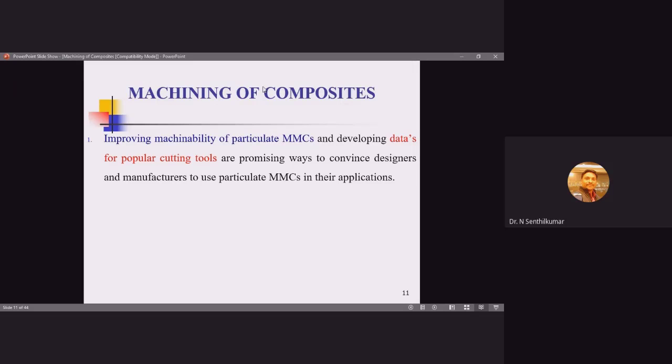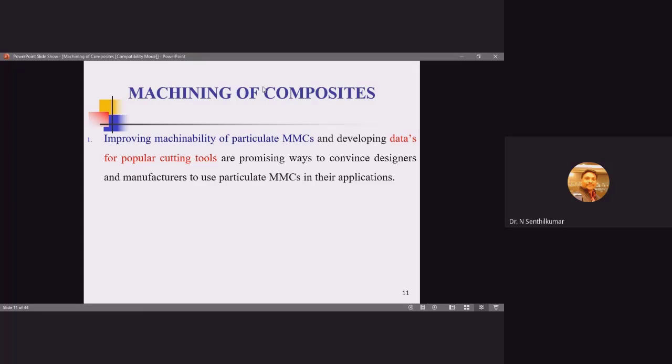Second, we are going to provide cutting data. You can see many machining handbooks and cutting tool handbooks. Widia and Sandvik are two popular cutting tool makers. For a specific uncoated carbide insert of a specific shape nomenclature, they provide the range of cutting speed, feed rate, and depth of cut.